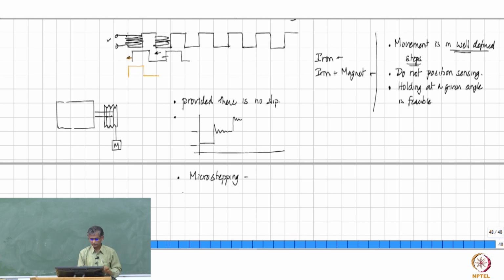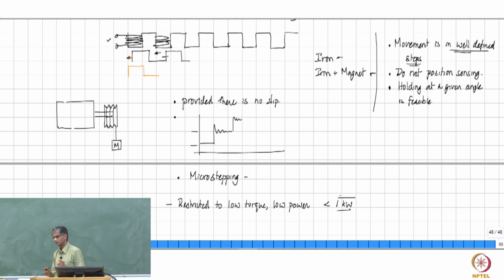The use of these kind of machines is therefore restricted to low torque, low power applications. So usually less than about 1 kilowatt or so, and if you go more than that, you don't even get these kind of machines, right?